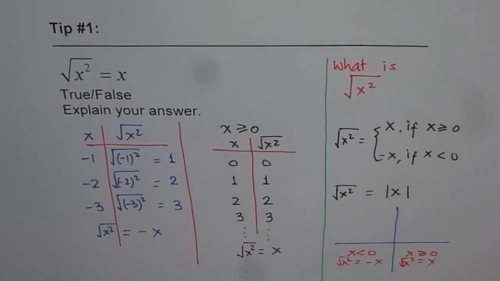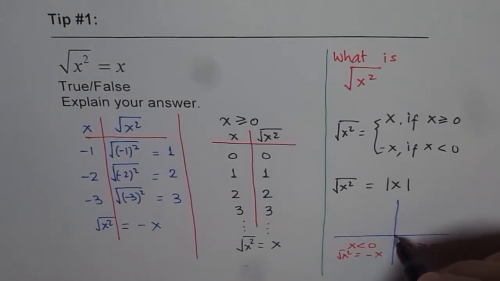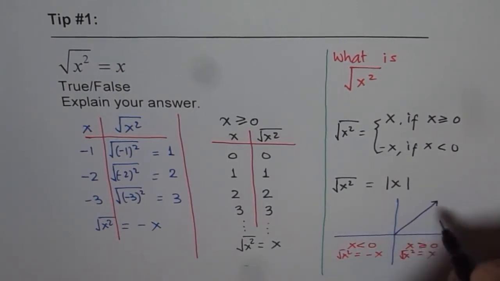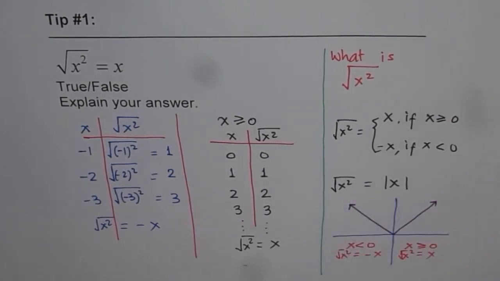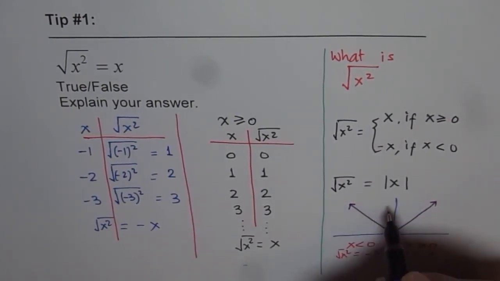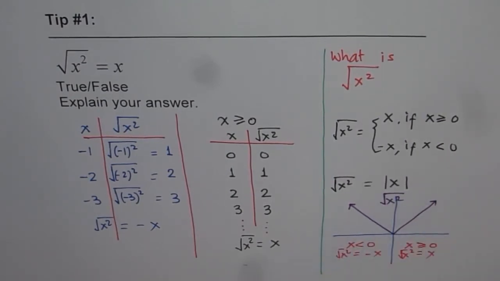Let me push it a bit forward. And then how the graph should be. Graph is indeed like, as expected, an absolute function, right? It is like this. So that is the function which is square root of x squared. That is how it looks. Do you see that?